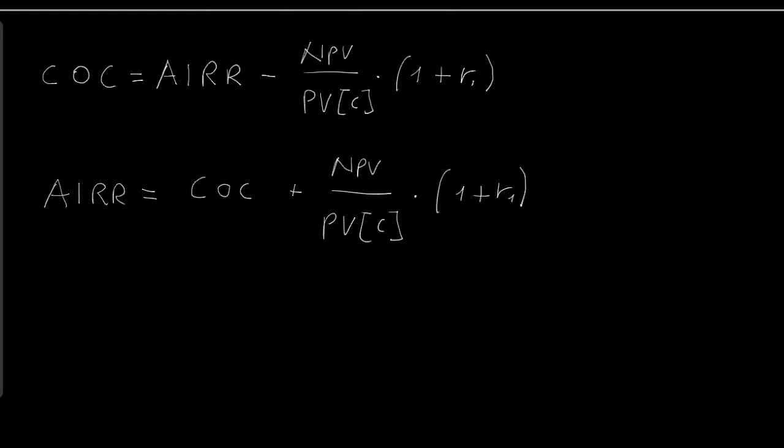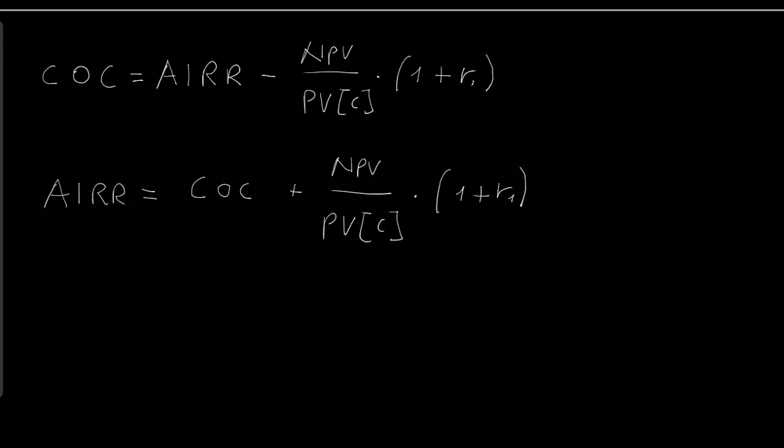Evidently, this only depends on whether we start from the computation of the cost of capital or the computation of the AIRR. It depends on whether we compute independently the project rate of return or the cost of capital.